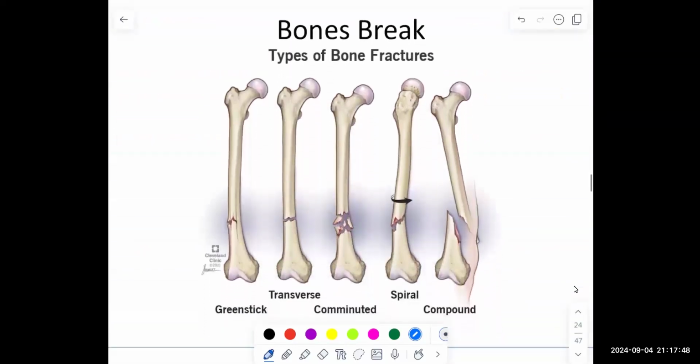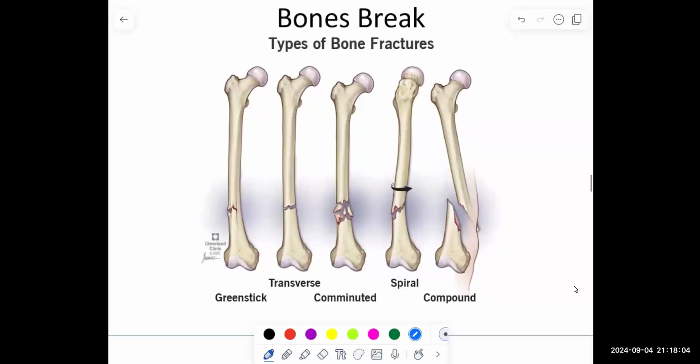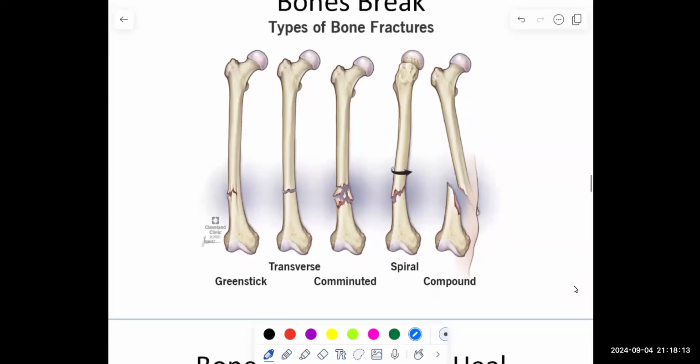Bones break. It's not fun. You're going to see some really gnarly stuff in your later careers. There's all sorts of different types. There's some that are more fractures, some that are just complete separations, and they have to heal.